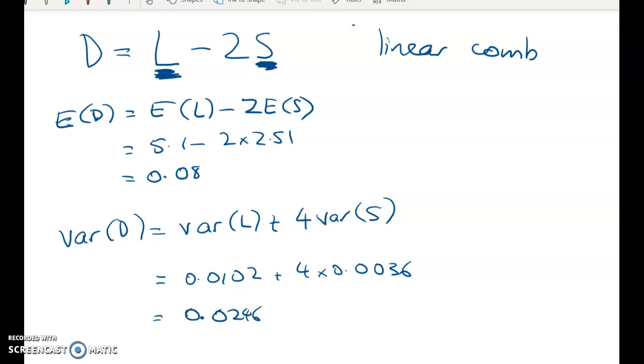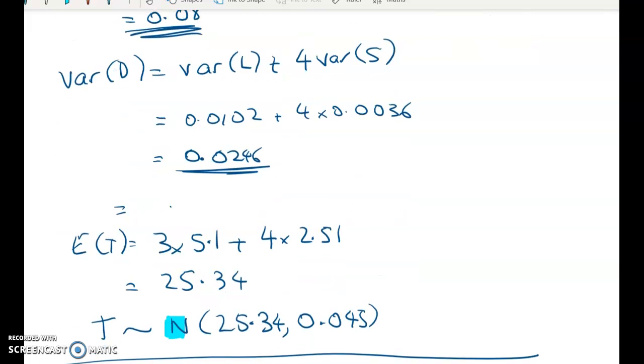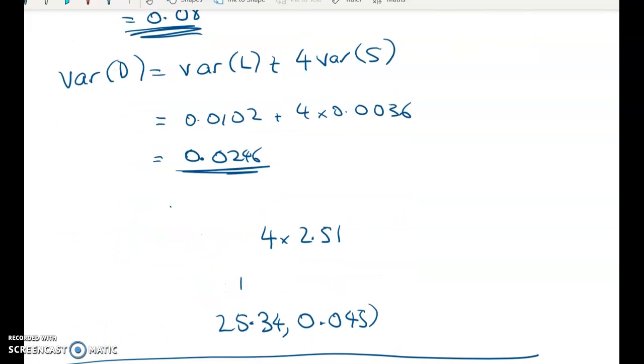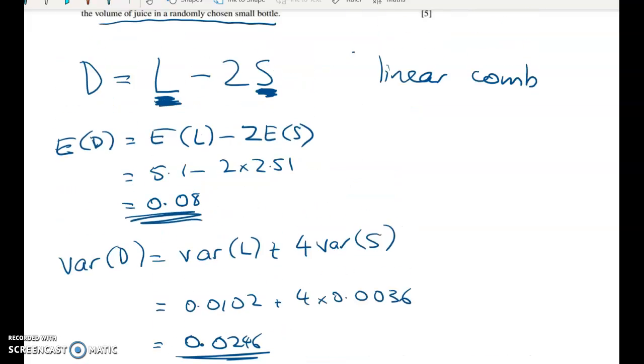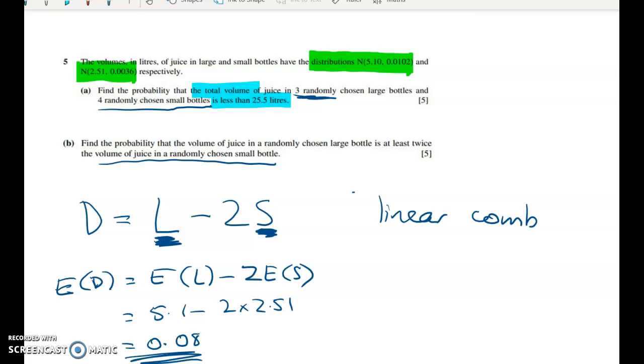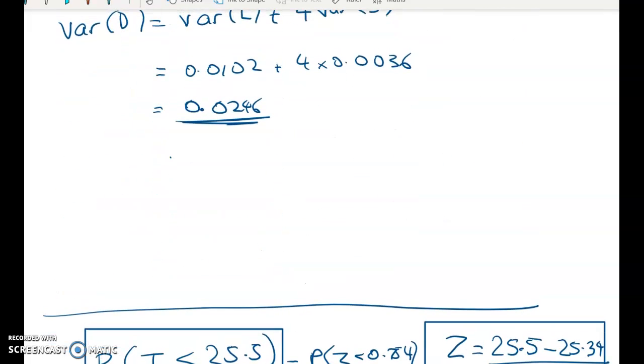And now we're good to go again, right? We're working with a normal distribution, and we're asked to figure out the probability that the difference is positive. So the probability that D is greater than 0, it's greater than because we want the large one to be more than twice as big as the small one. So we're trying to find the probability that D is greater than 0.